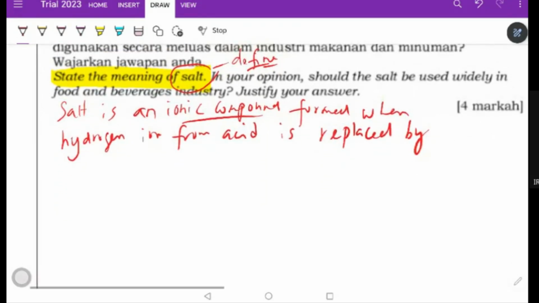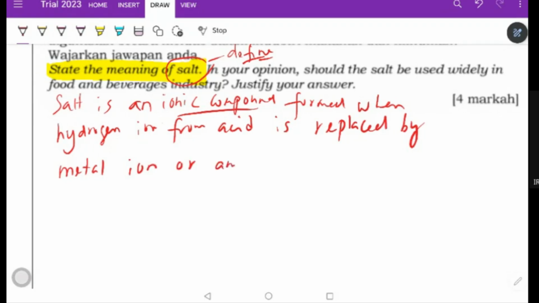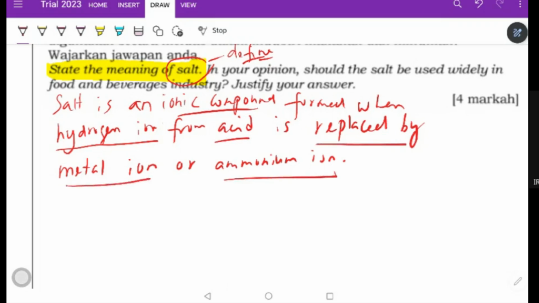By metal ions or ammonium ions. Fix: hydrogen ions in acid replaced by metal ions or ammonium ions.